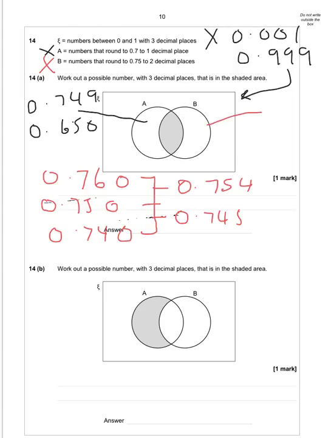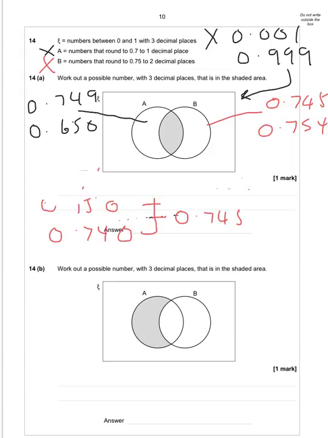So in B here, I've got a minimum value of 0.745 and a maximum value of 0.754. And I'm going to rub this out now because I need the space.